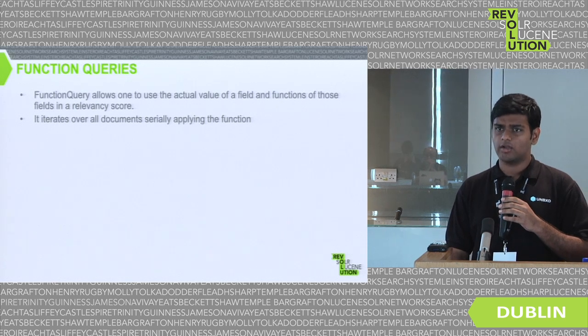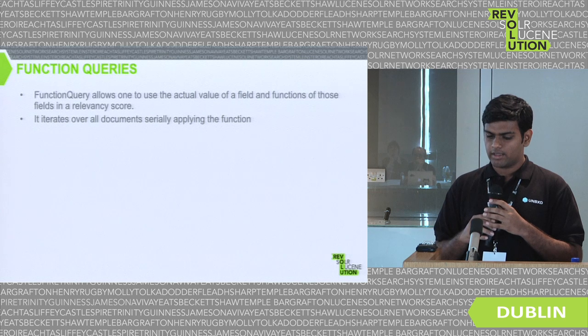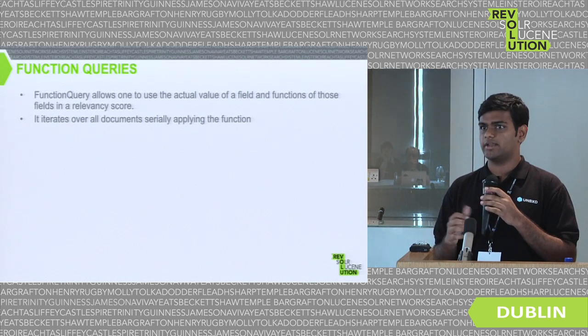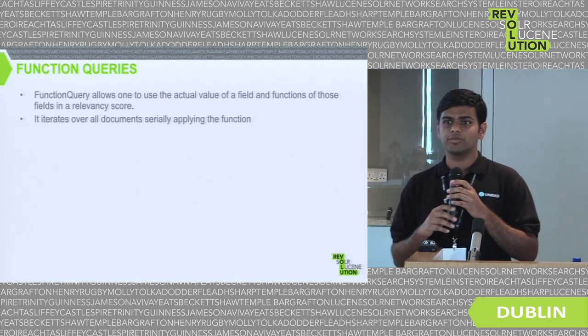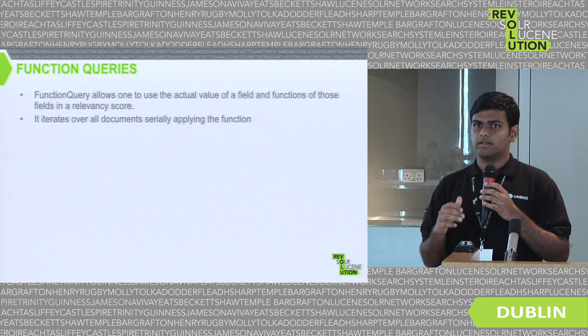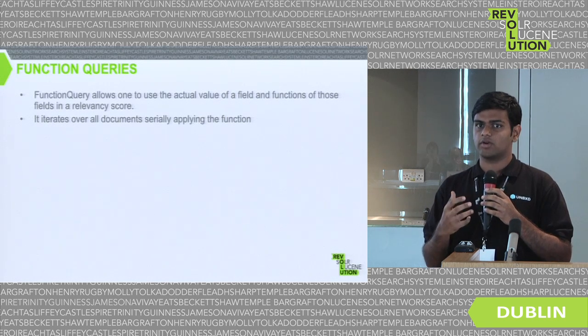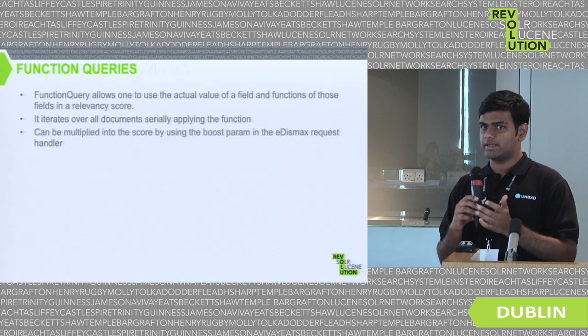And also, you can multiply the function query score computed in as a boost parameter in your extended dismax query parser. So you could use edismax and a function query, and the score computed could become a factor, and you could easily plug that into your scoring model.